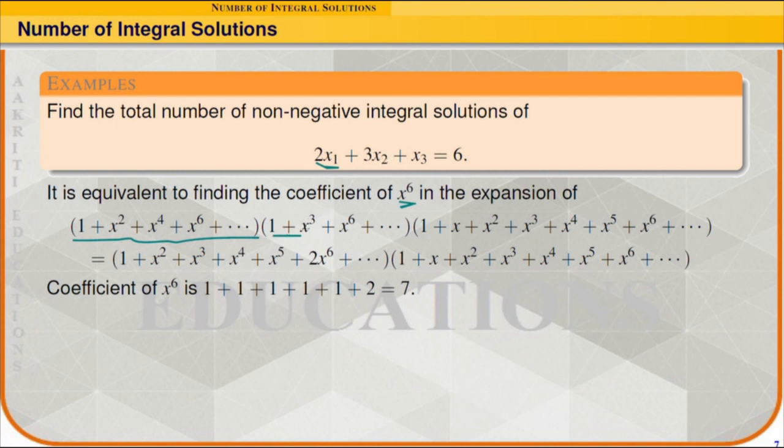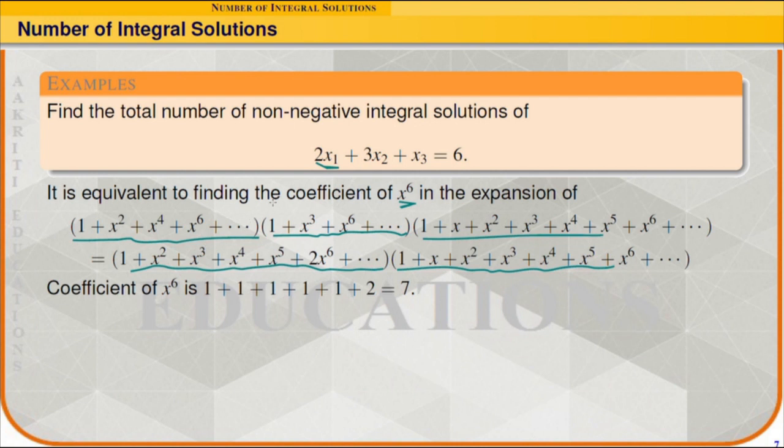As we have already discussed, whatever values are taken by the variable, this will be in the power of x. And similarly for x3, it is 1 plus x plus x square plus x cube and so on. Now if we multiply the first two terms, it will come out like this, and the third term we have kept as it is.